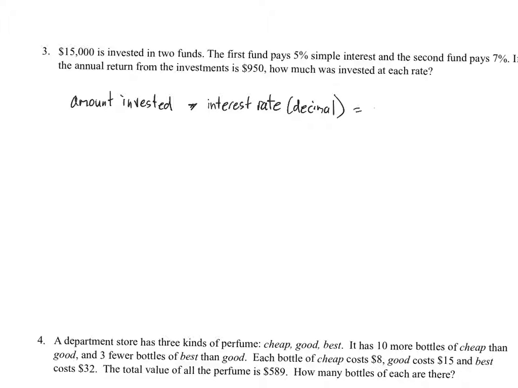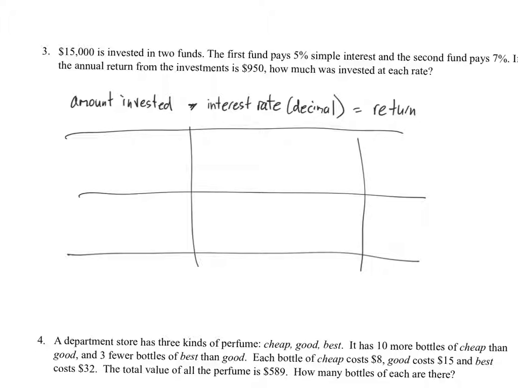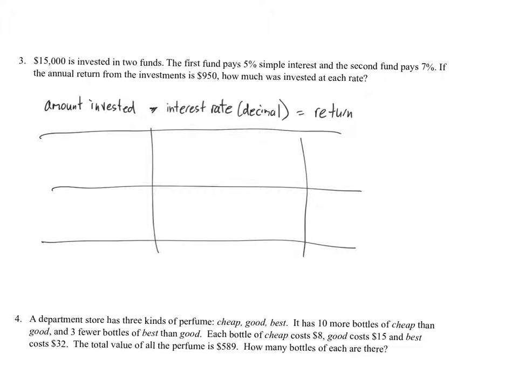And that equals your return on your investment. Now you'll notice this is very similar to a mixture problem. So for something like this, if we say $15,000 is invested, how much was invested at each rate? We have two separate funds. One pays 5% and the other pays 7%.